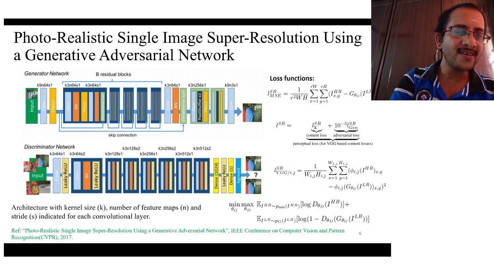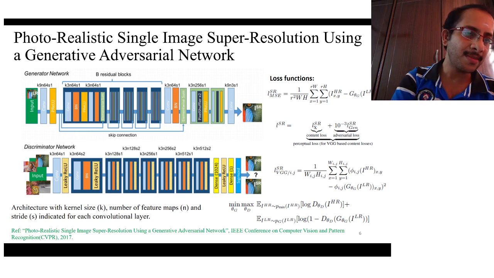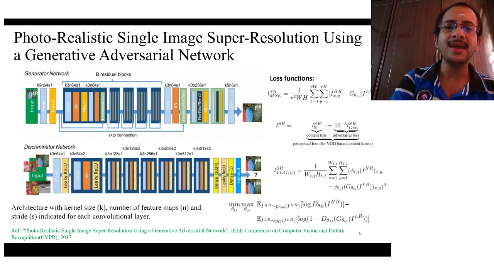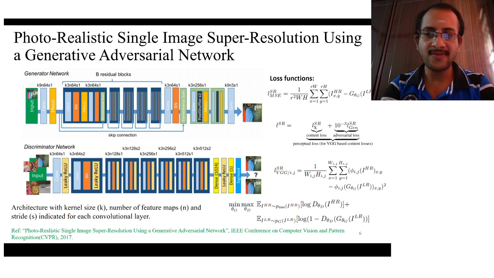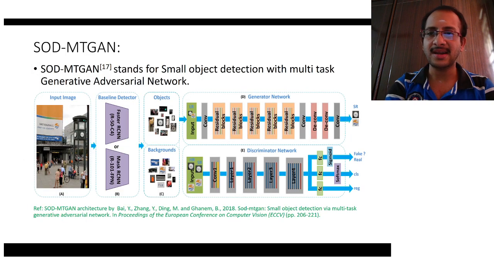That is, features of the generated image are compared with features of the high resolution image in the data set. And you have an additional GAN loss here. This is the paper where you can see more details on it.